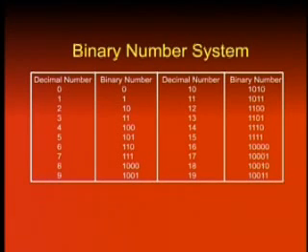To represent the next two decimal values, two binary bits are used. The most significant bit remains fixed at 1, and the least significant bit changes between 0 and 1. Thus, the decimal numbers 2 and 3 are represented by a combination of two bits each.